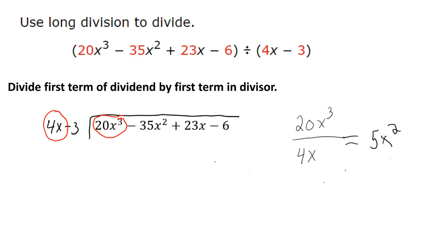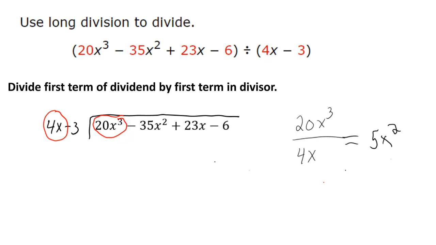What we're going to do is ask ourselves that same question. How many times does 4x go into 20x cubed? Some people will find it easier if they ask themselves to divide the first term of the dividend by the first term of the divisor.